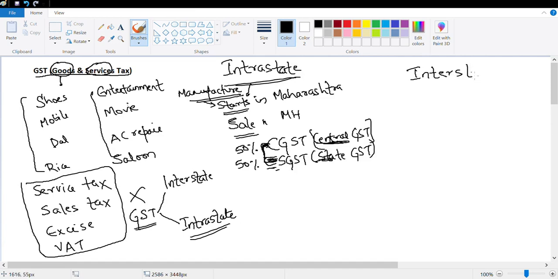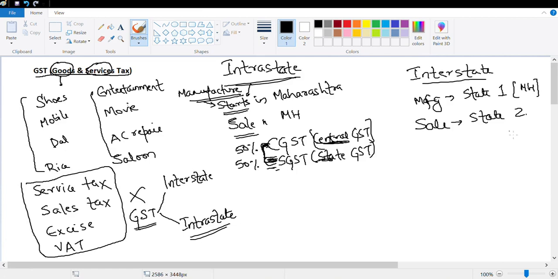And what would be the other one? Well, the other one obviously is interstate, which we talked about. Now, as the name suggests, manufacturing in state 1 and sale in state 2. So in this case, manufacturing happens in state 1. Let's say it happens in Maharashtra and it is sold, let's say, in Gujarat. So this is interstate movement of goods or services, and that's why it starts in one place and ends at the other.